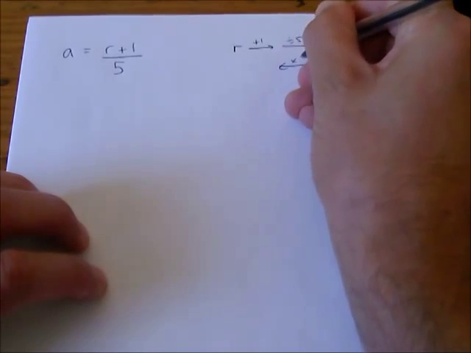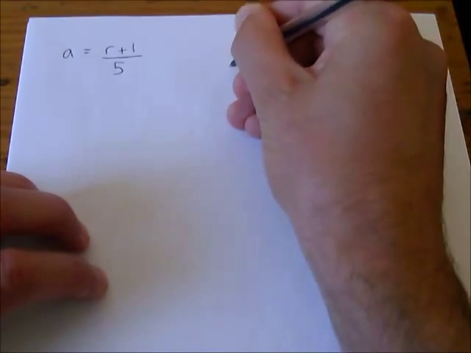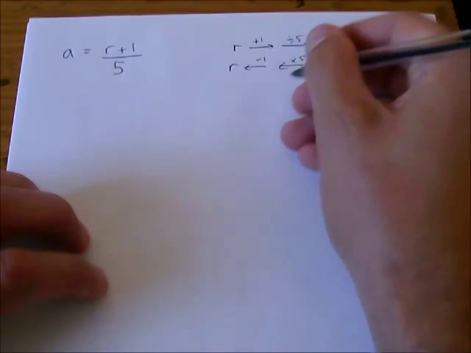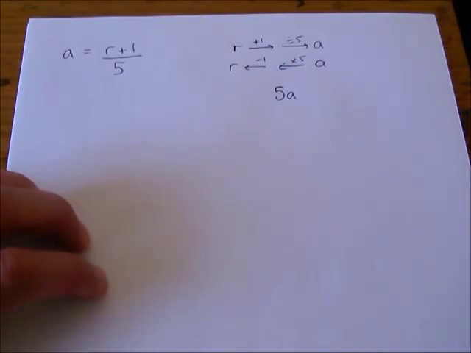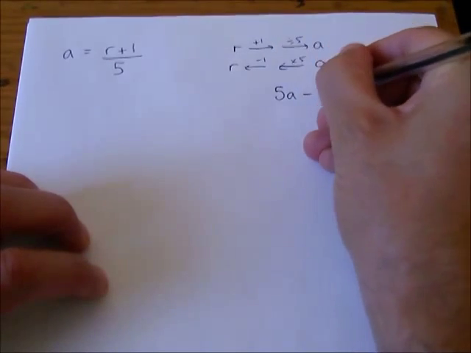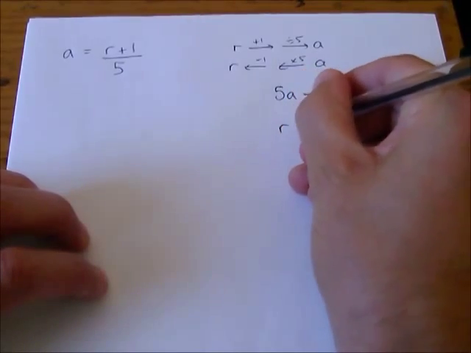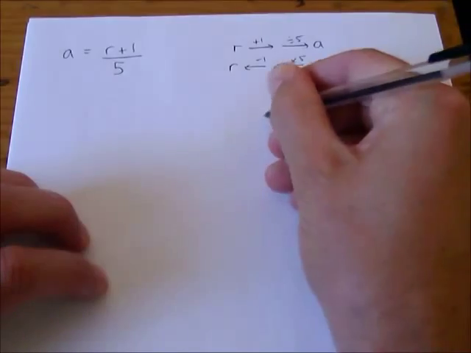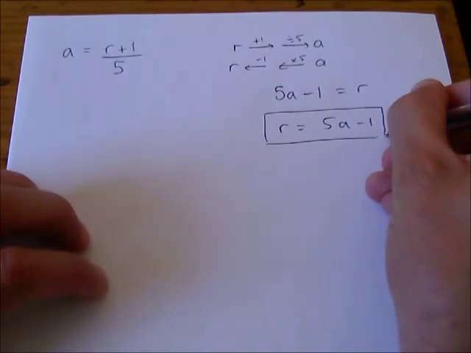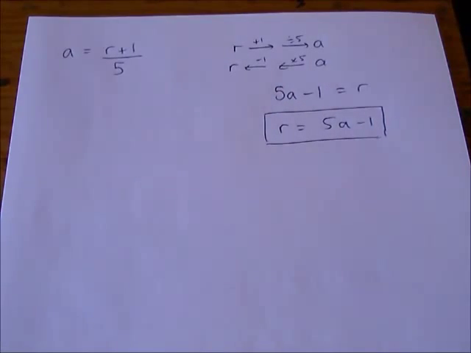So working backwards, you could get a times 5, which is 5a, minus 1 equals r, and get your answer like that. That seems quite quick and simple in this case, and you may prefer to use that method for simple examples.